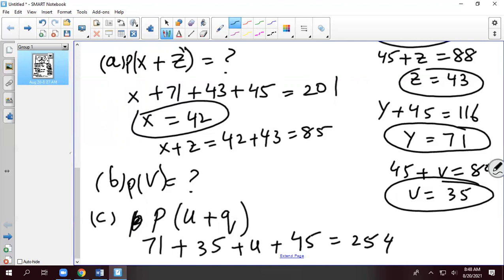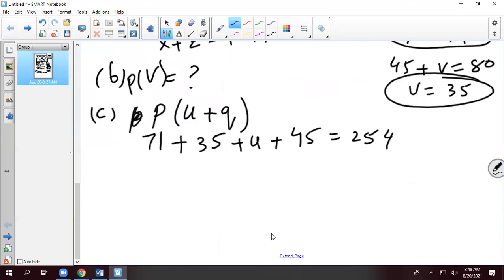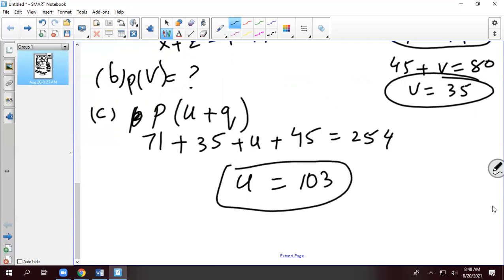That was the second equation. From here, U is equal to 35 plus 45 is 80, plus 71 is 151, and you subtract from 254, that's 103. U has been found out.